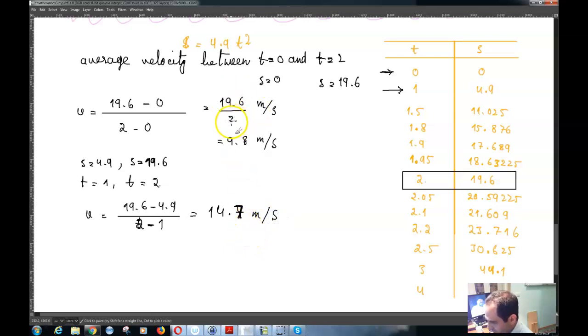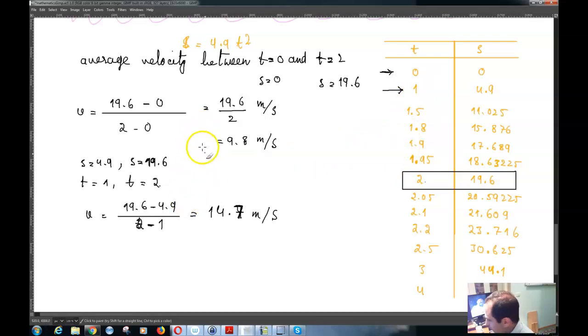So you see that the average velocity over here was 9.8, over here is 14.7 meters per second. The average velocity is changing when you change the time frame or the time interval.